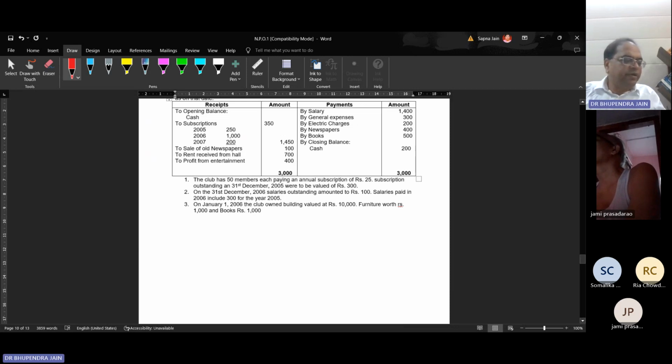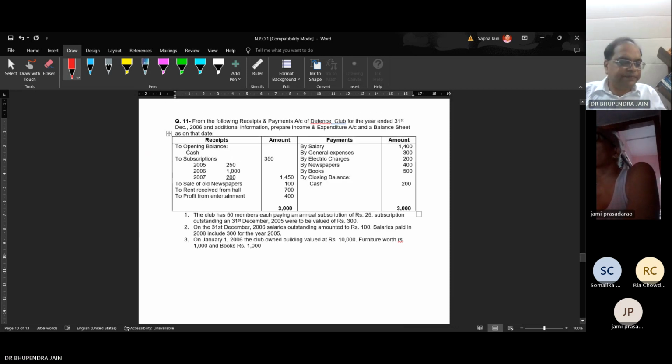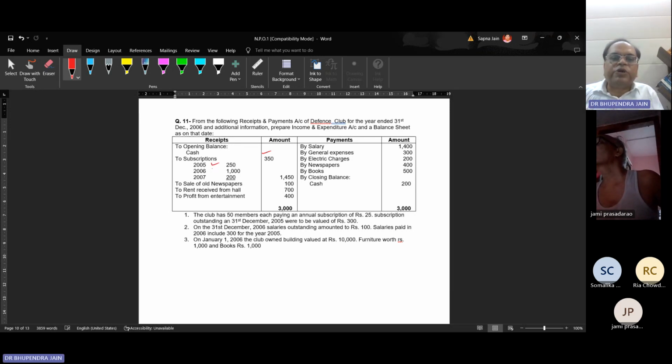Receipts and payment account is given. This is the opening balance of cash 350 and subscription received for 2005, 2006 and 2007. Clear beta? Sale of old newspaper, rent received from hall and profit from entertainment.